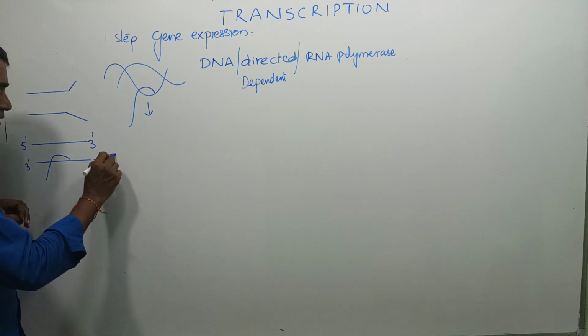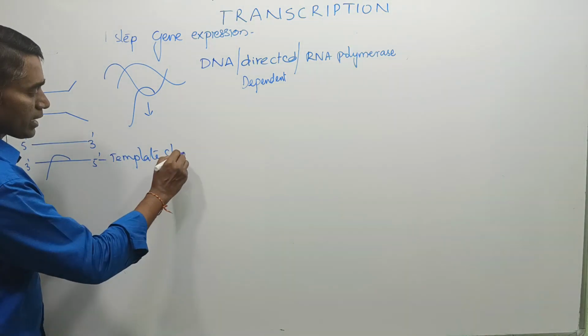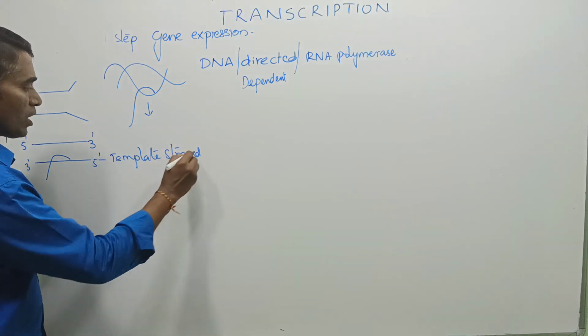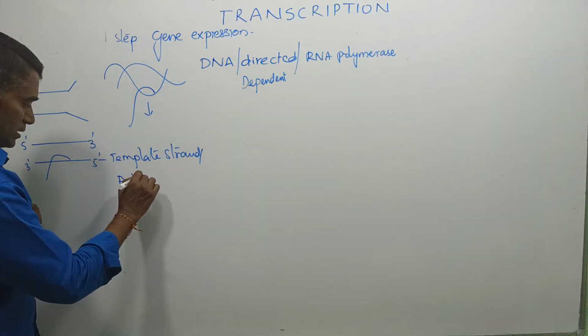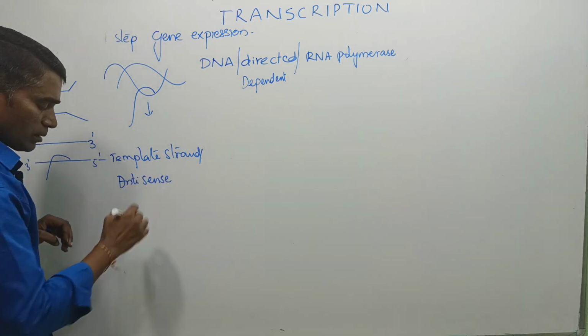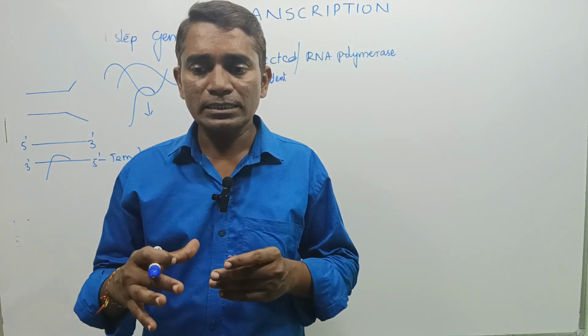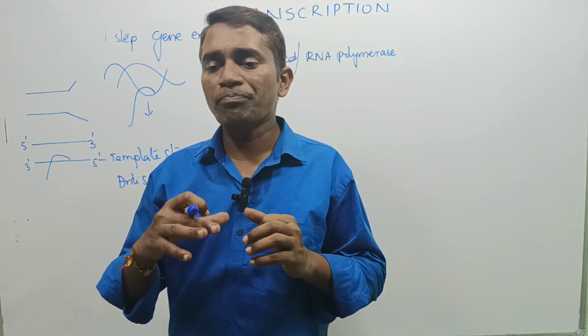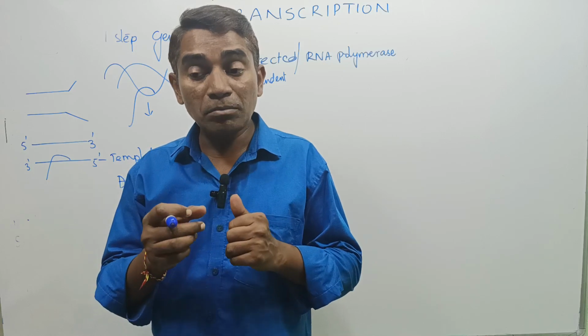Therefore, this is called the template strand. The template strand can also be called the antisense strand. The template strand means the strand that directs the synthesis of the RNA molecule itself.